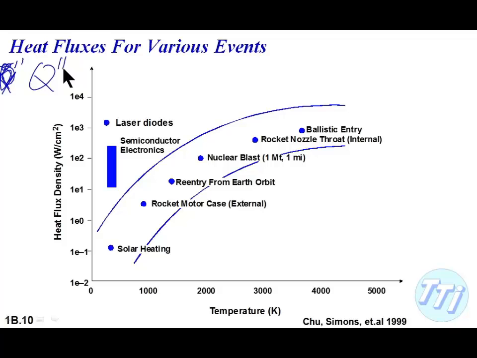This is an interesting chart to give you an idea of how much heat flux we're pushing with some of our semiconductor devices, shown right here, and laser diodes shown right above it, relative to these different events. So solar heating, rocket motor cases, how much heat flows through the outside of a rocket motor case, a nuclear blast, I guess it's 1 mile away for a 1 megaton blast.